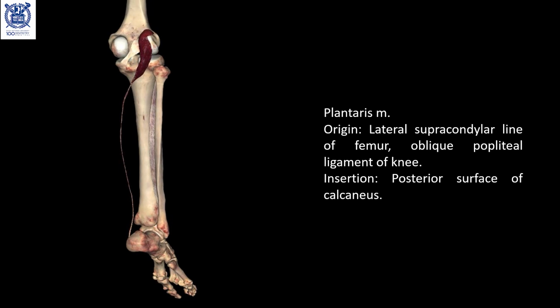Origin, lateral supracondylar line of femur, oblique popliteal ligament of knee. Insertion, posterior surface of calcaneus. These three muscles, gastrocnemius, soleus, and plantaris, are the superficial posterior leg muscles.